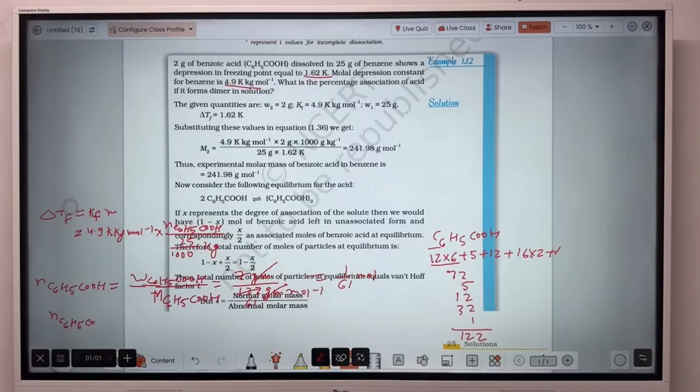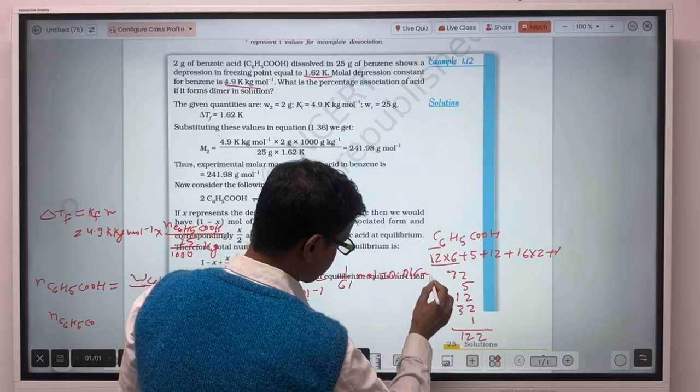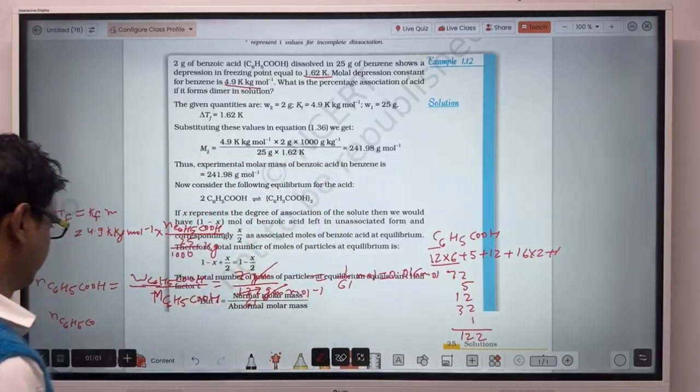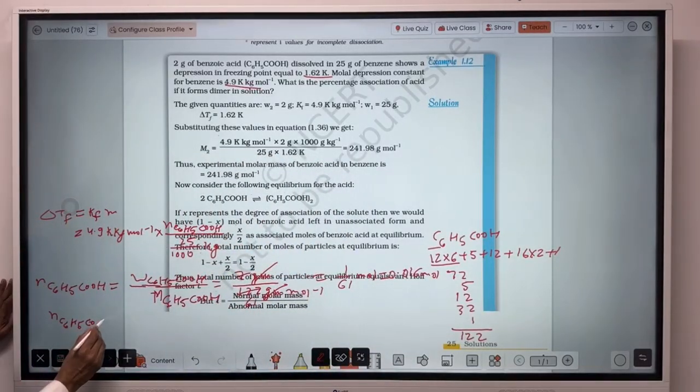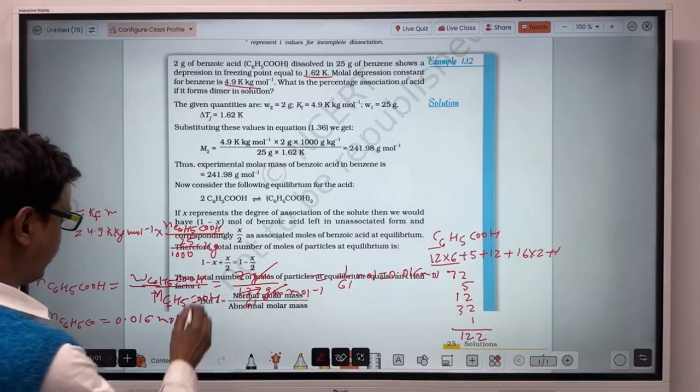First of all we have to calculate the number of moles of benzoic acid, and that will be 0.016 mole. So the number of moles of benzoic acid will be 0.016 mole.